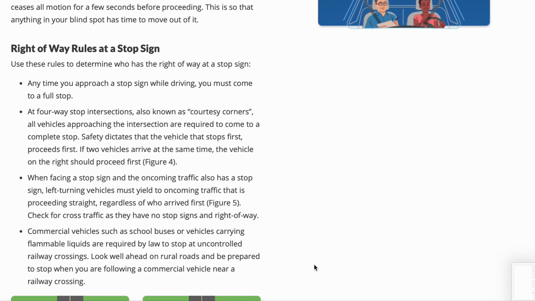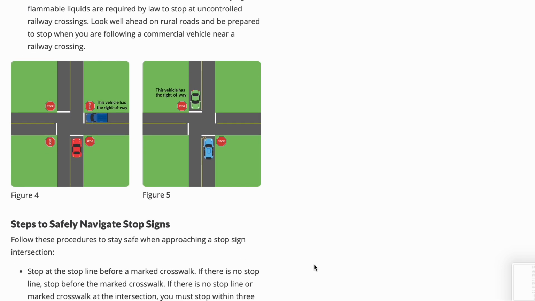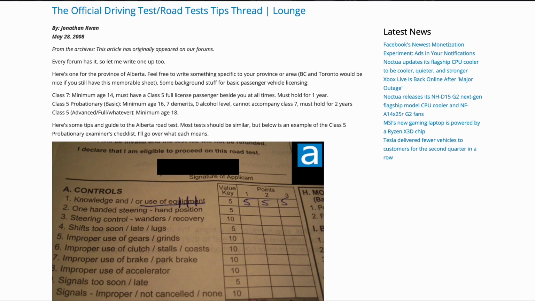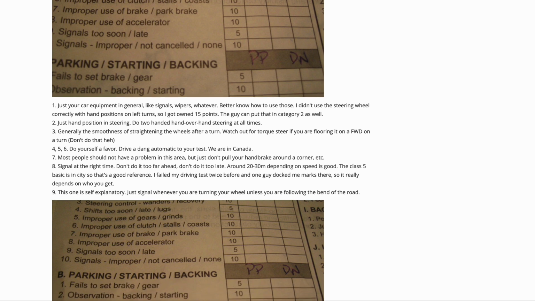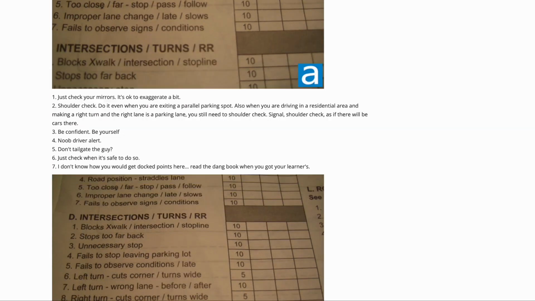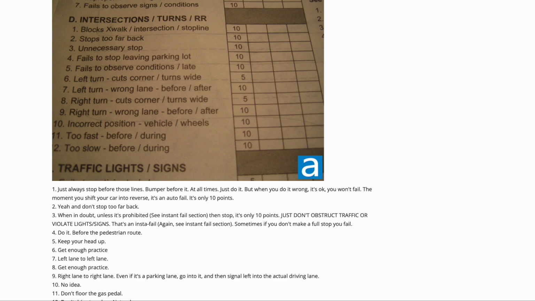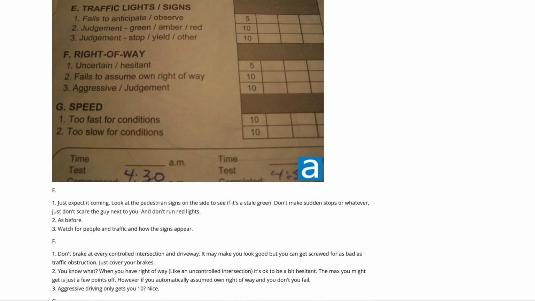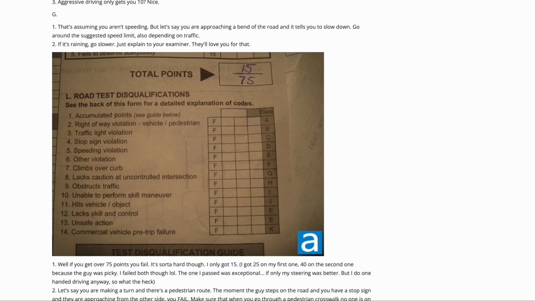And then there was a website where somebody had shown the breakdown of the different things, and that was super helpful, actually knowing what to expect, what the examiner is looking for, so you're able to prepare from that. So that was good as well. Again, the link will be in the description.